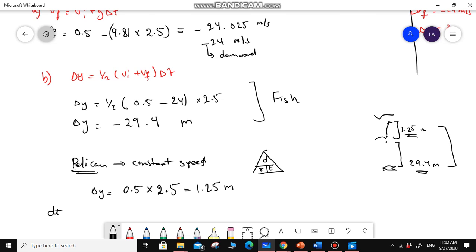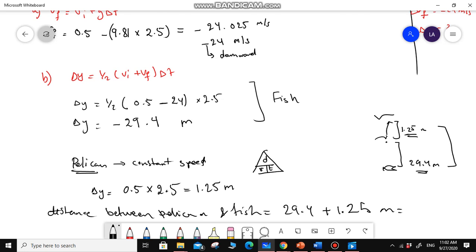The total distance between pelican and fish will be 29.4, and I add to it 1.25 meters. And this will give me around 30.65 meters, and this is the correct answer.